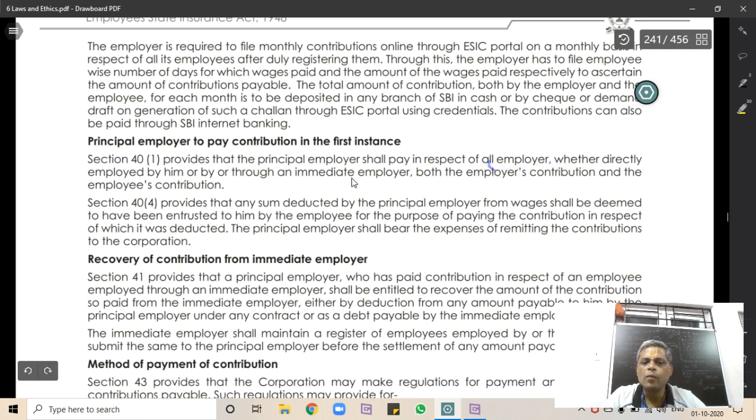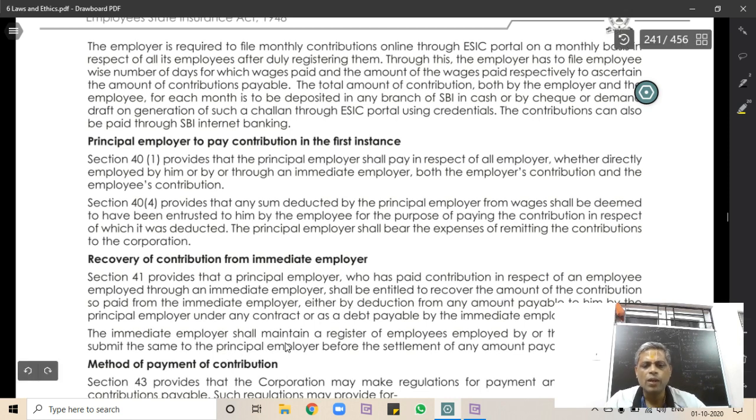So the principal employer shall pay in respect of all employees, whether directly employed by him or through an immediate employer, both the employer's contribution and the employee's contribution. The sum so paid can be recovered from the immediate employer, either by deducting from the amount due to them or as a debt payable by the immediate employer.